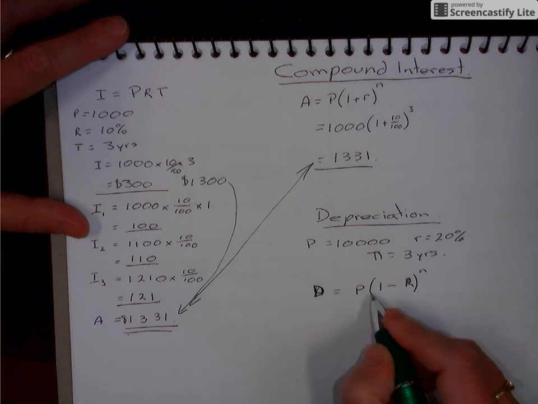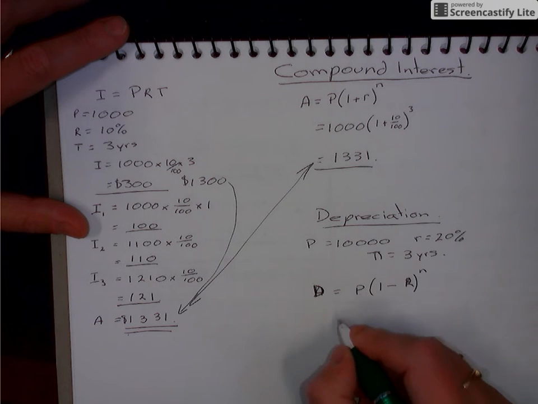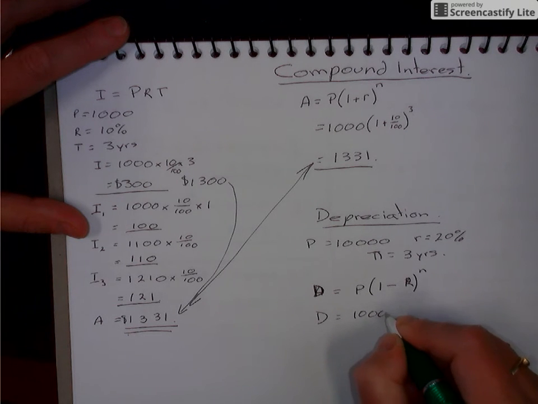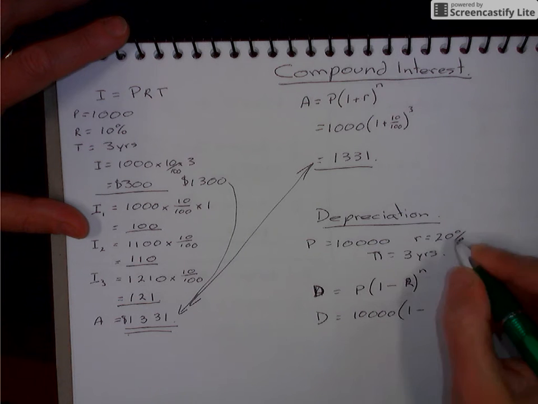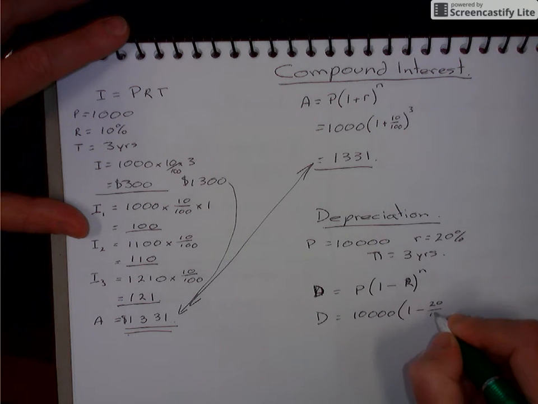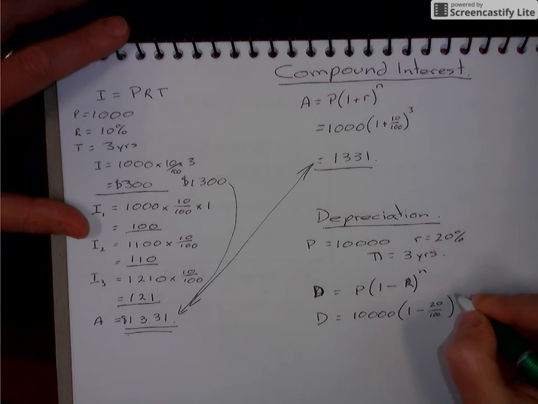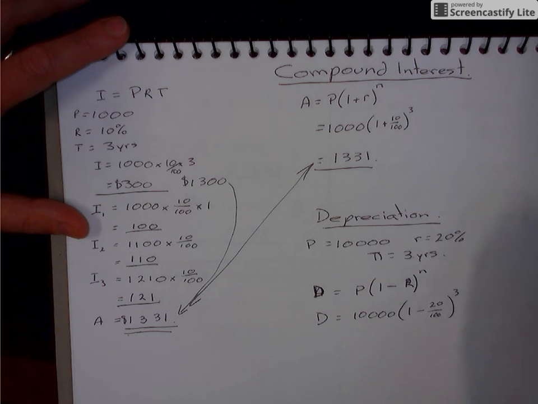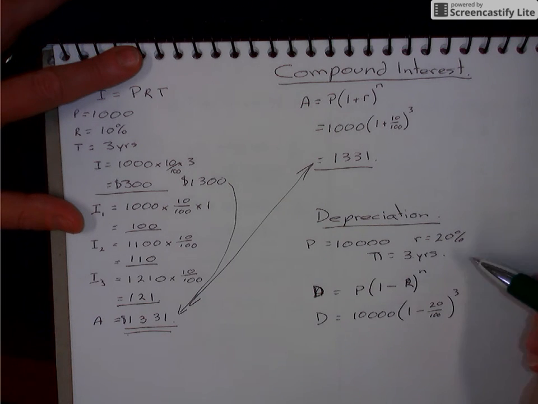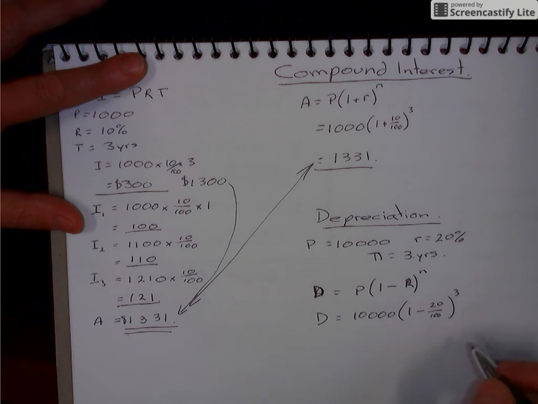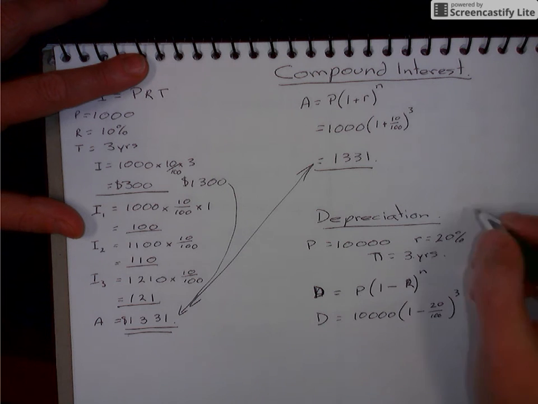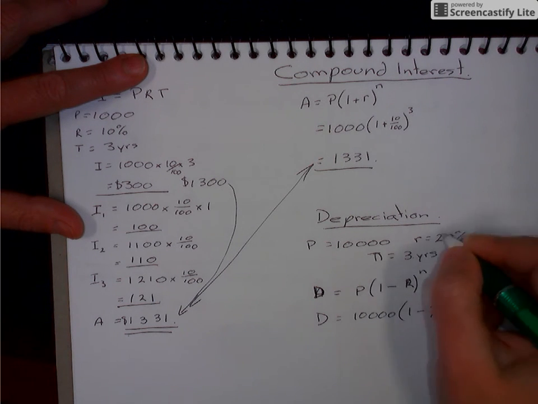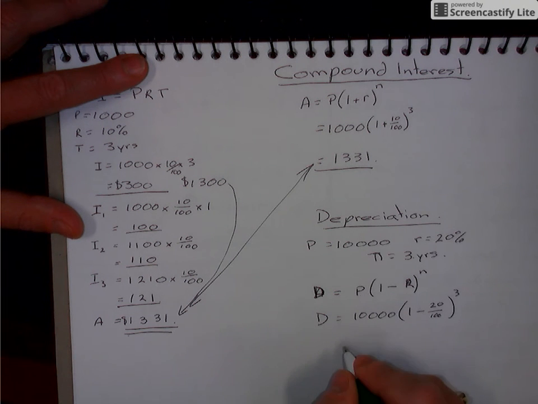V equals P outside 1 minus R to the power of N. So in this example, V is equal to 10,000, 1 minus our interest rate, which is 20%, to the power of the number of years, because our rate is in years and the number is in years. Remember what we did in simple interest? If you change one, you have to change the other. Or sorry, if one is in months, then this has to be in months. If this is in days, then you'll have to change this to days, but we're not worrying about that now.